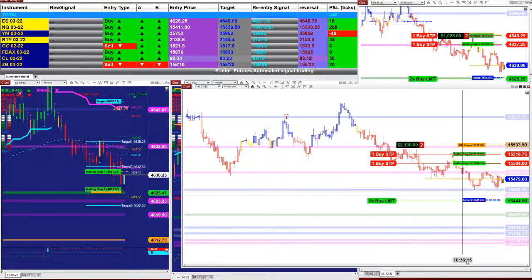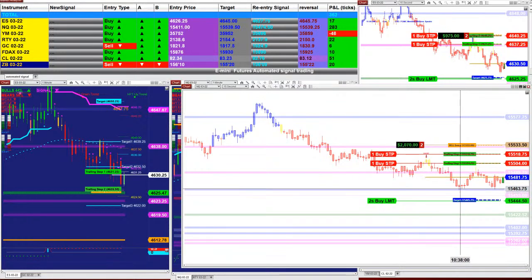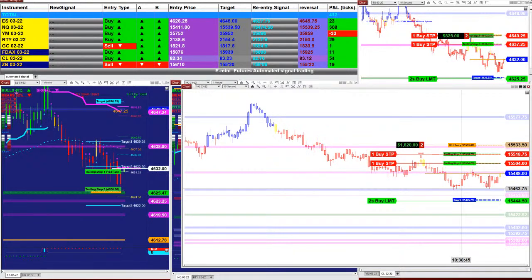And if we look at this line, there is a major support area at 15463. Not one time, not 2 times, many times it has confirmed that. And that does not require a genius trader to spot that this is the destination for the NASDAQ.